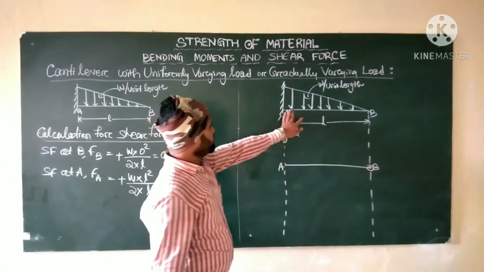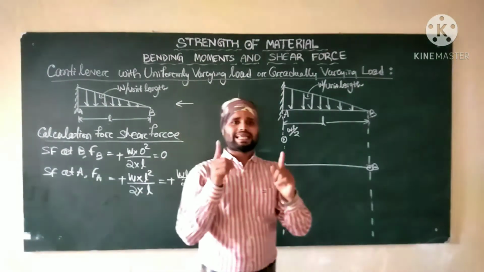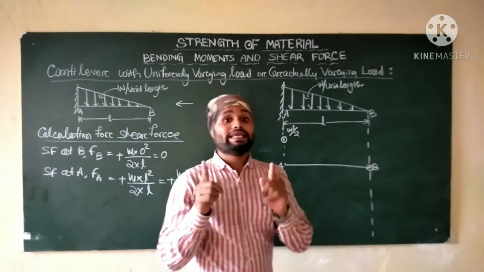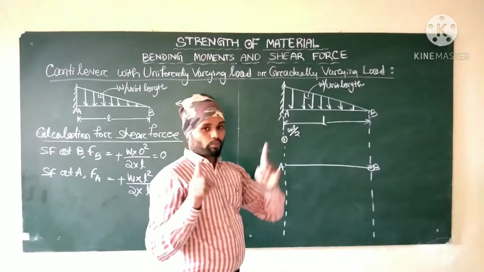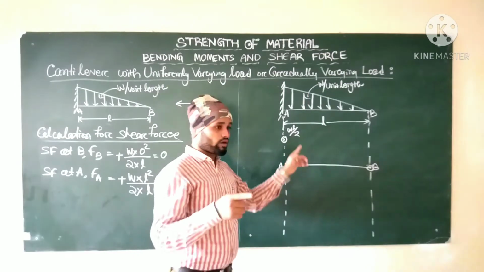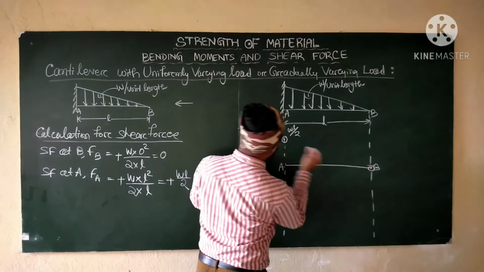Now, if there is a uniformly varying load between 2 points, then the shear force line becomes a parabolic curve. You must remember that. If there is a UVL between 2 points, then the shear force line is a parabolic curve, but the bending moment line is a cubic curve. So this will be parabolic.